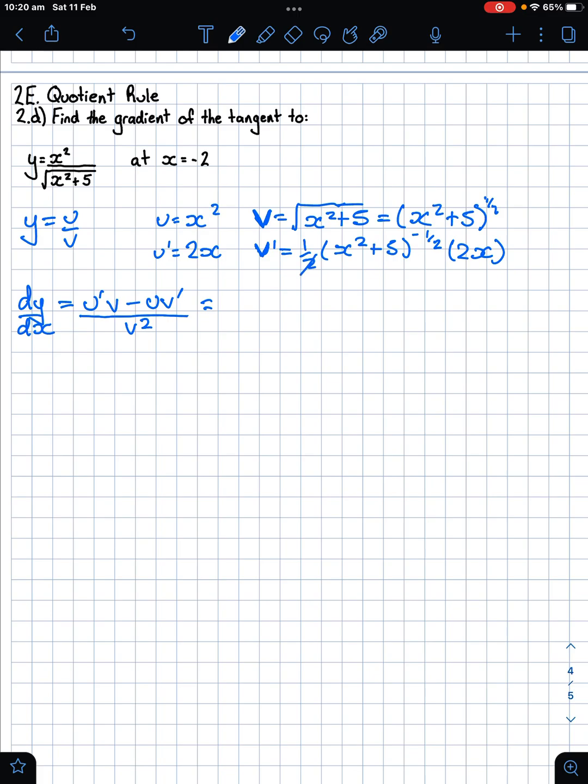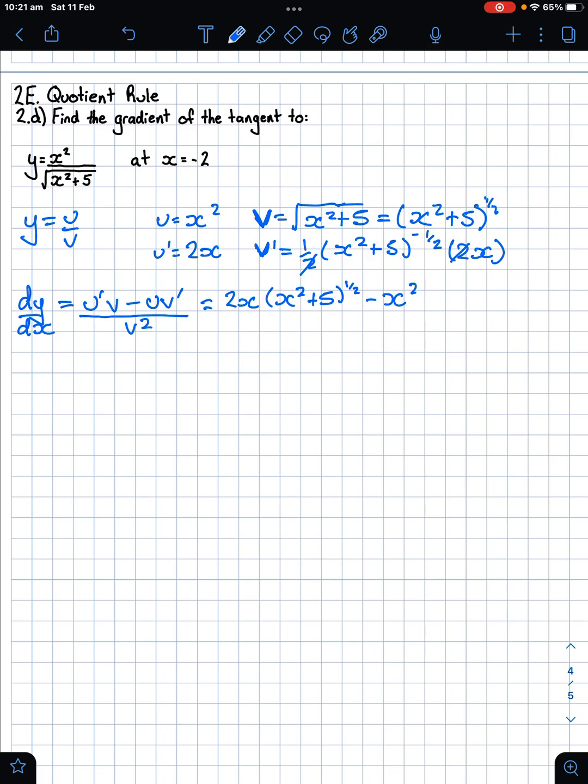Now this half and this 2 will cancel, so u dash is 2x, v is, just for the minute in bracket notation, x squared plus 5 to the half, minus u, which is x squared, times v dash.